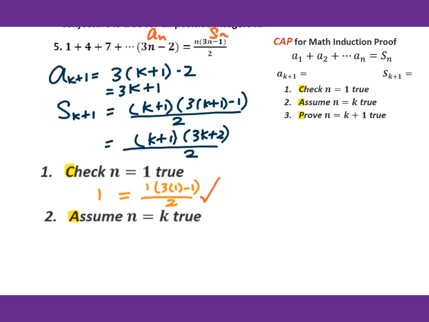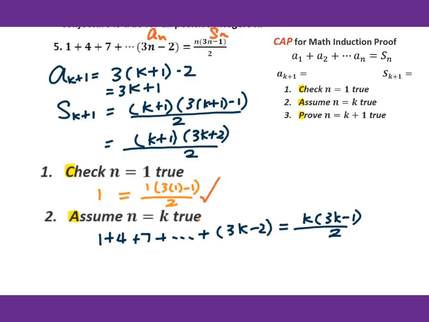Second step, we assume n equals k true. Therefore, we got 1 plus 4 plus 7 plus ... change every single n into k, so 3k minus 2 equals k times 3k minus 1 over 2.